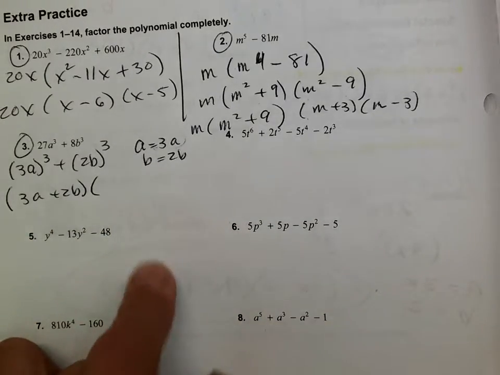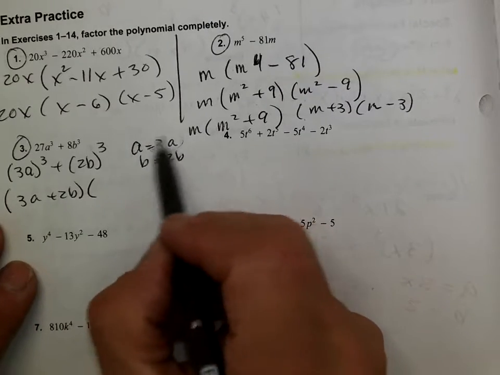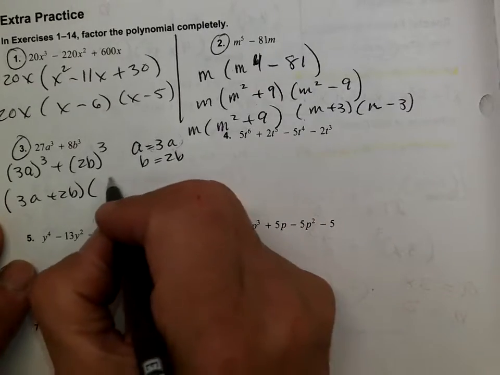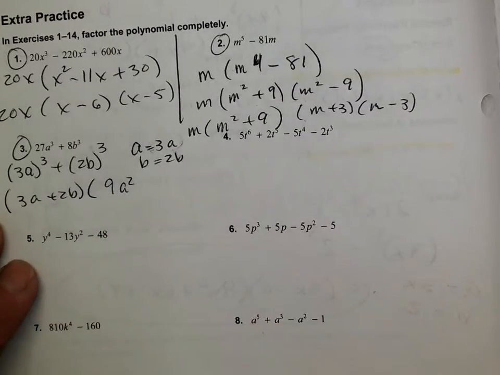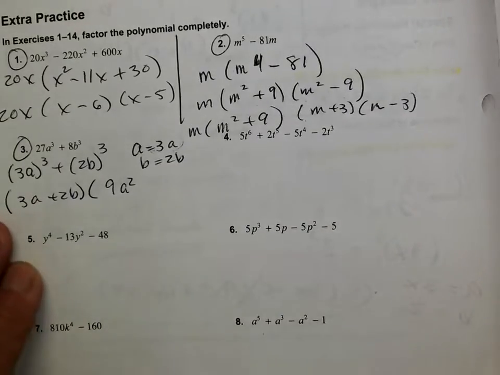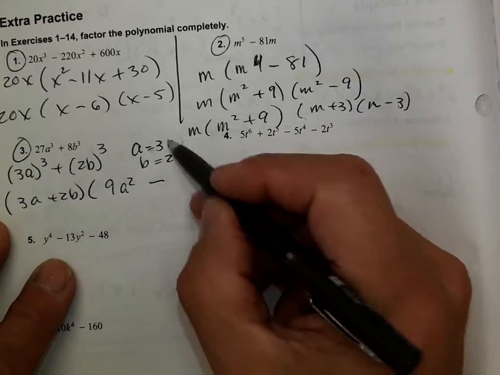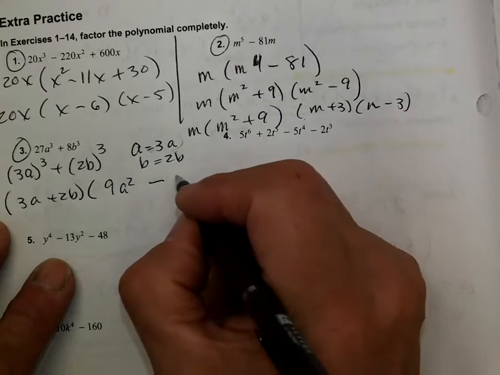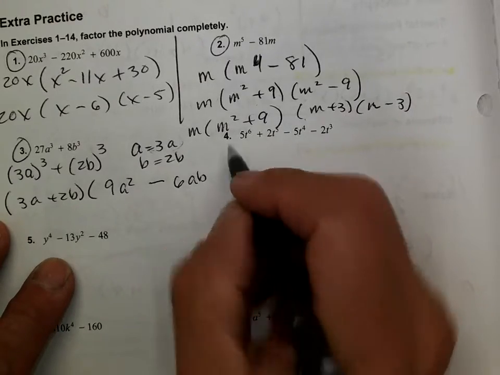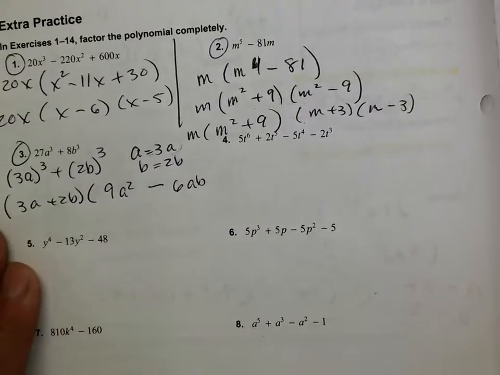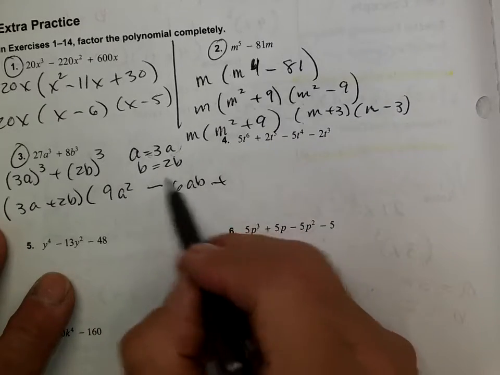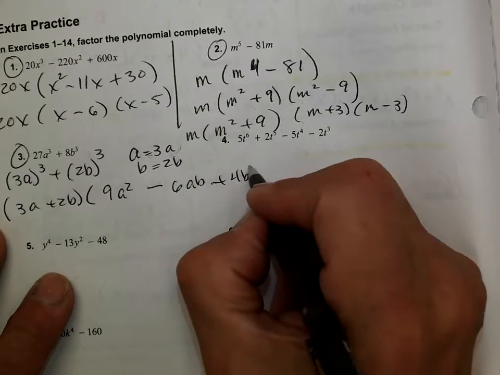So I'm going to take this squared, which makes a 9a squared. Then I'm going to go minus this times this, which is going to be a 6ab. And then plus b squared, which is this squared, which is a 4b squared.